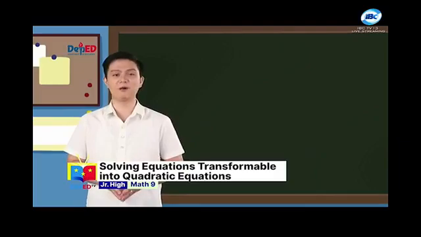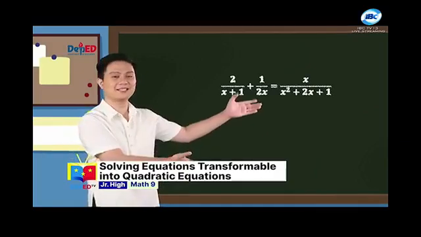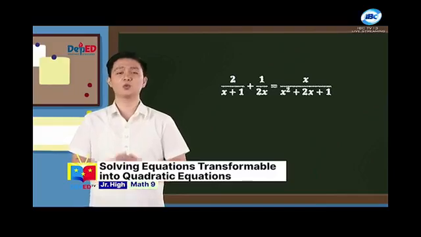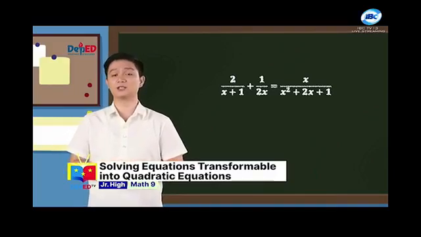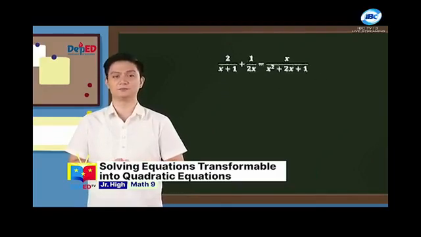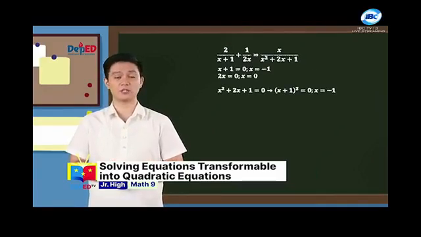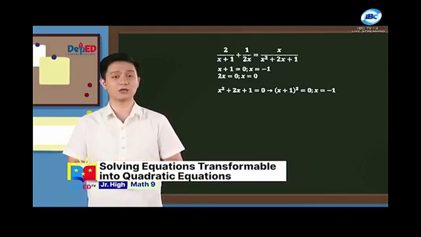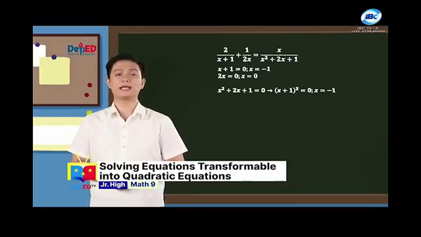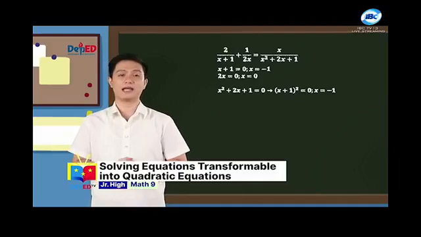Let's have another example. Let's solve this equation. Equating each denominator to 0, we must get the values of x that will make the rational algebraic expressions undefined. x plus 1 equals 0, so x equals negative 1. 2x equals 0, x equals 0. x squared plus 2x plus 1 equals 0 can be expressed as (x plus 1) quantity squared equals 0.